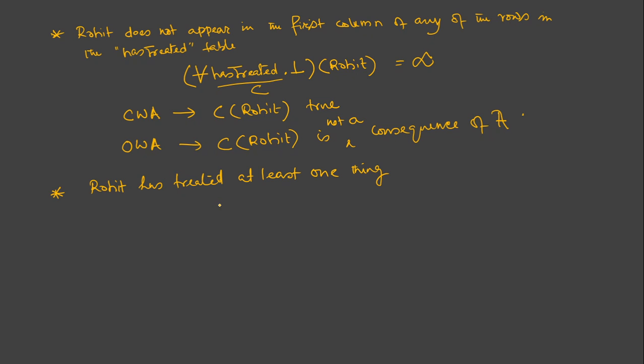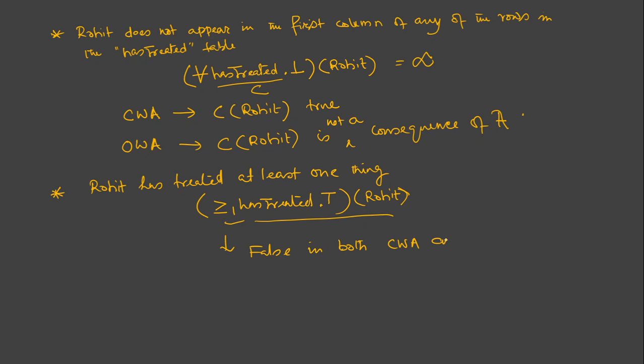We just say greater than or equal to 1 hasTreated top, Rohit. This will become false. This becomes false in both CWA and OWA. So this is the kind of difference we have.